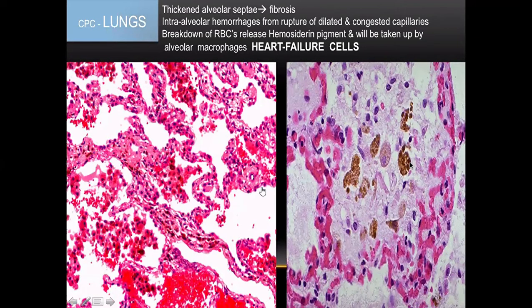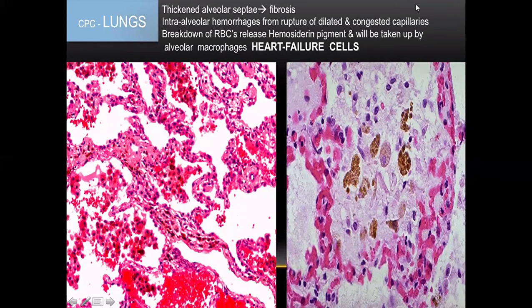The brown pigments na yan ay mga hemosiderin. Kasi may rupture ng red blood cells, maraming nag-rupture. So may mga hemosiderin products, so they will have to engulf that, forming hemosiderin-laden macrophages. These, when they are present in the lungs, are called heart failure cells.